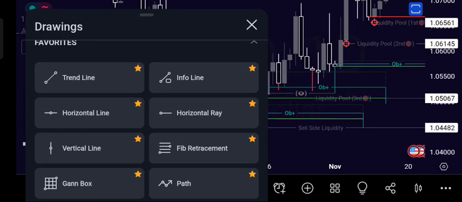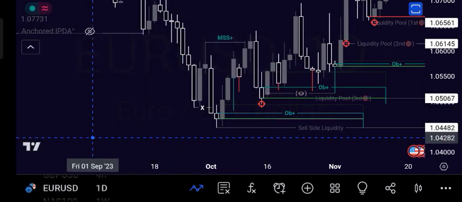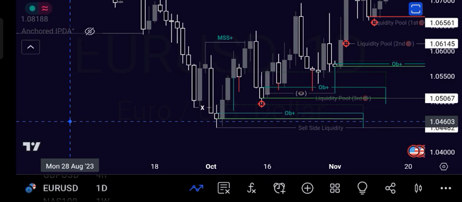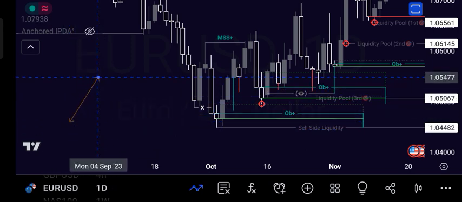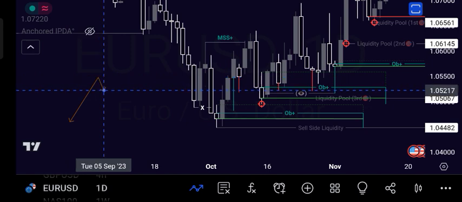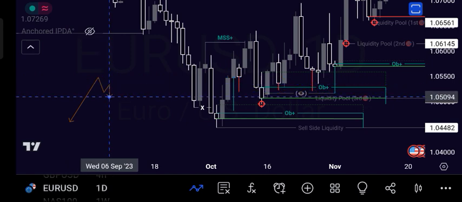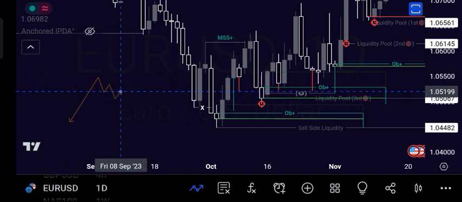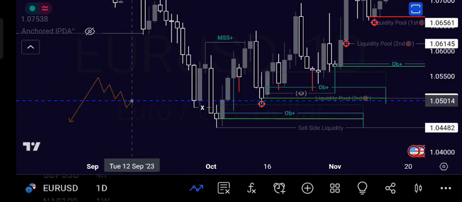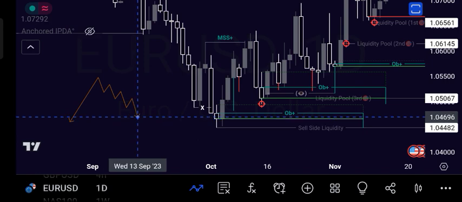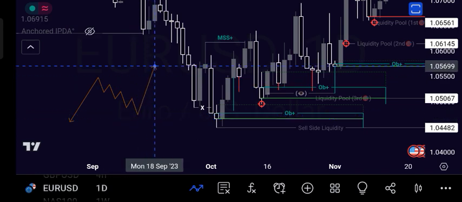So how do you define a major high and major low? Let's say this one is the major low and this is the major high. Price starts to make internal structure, makes a break of structure below, touches this support zone and rallies.